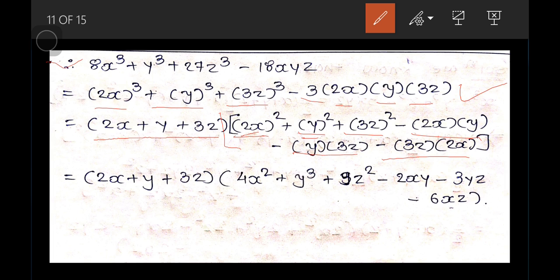And we simplify this form: 2x plus y plus 3z into, in bracket, 4x square plus y square plus 9z square minus 2xy minus 3yz minus 6xz. So with the help of all these identities, you can factorize or expand the given cubic or quadratic polynomials.